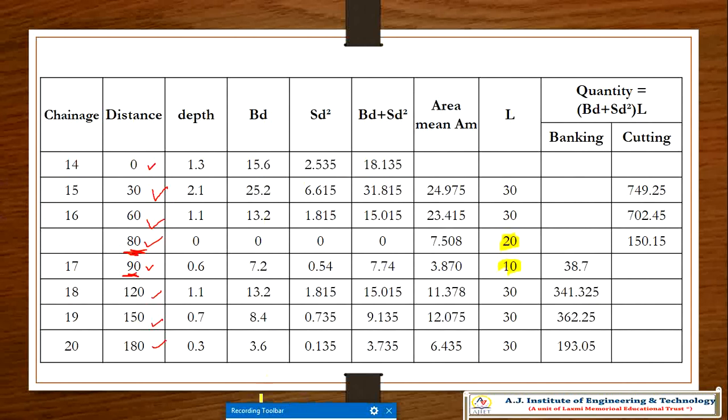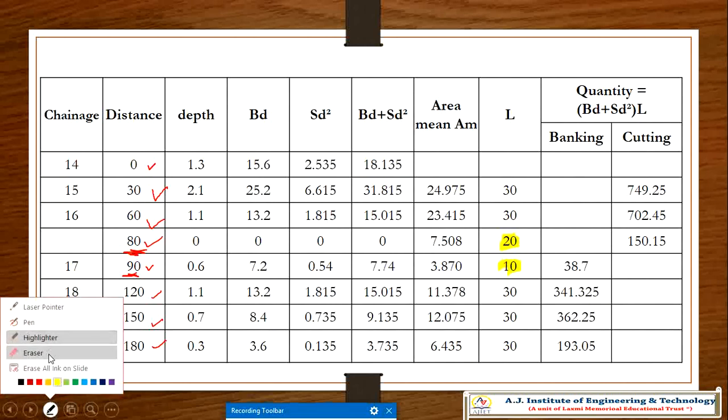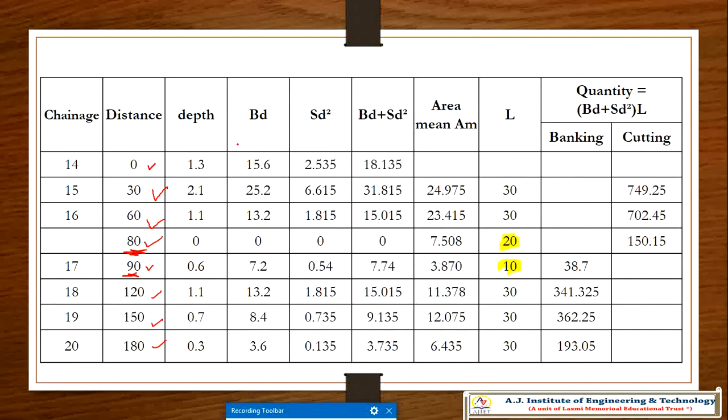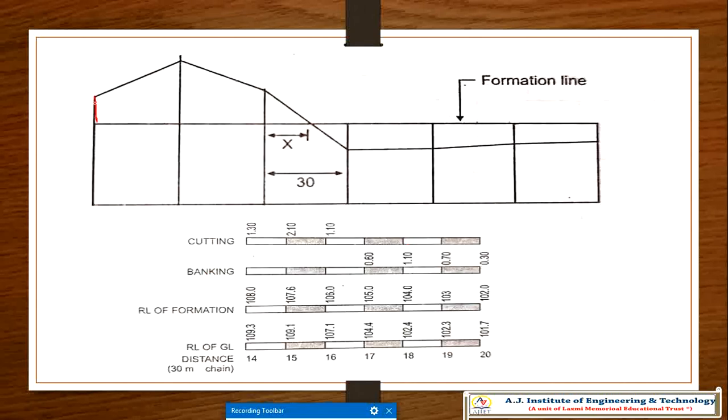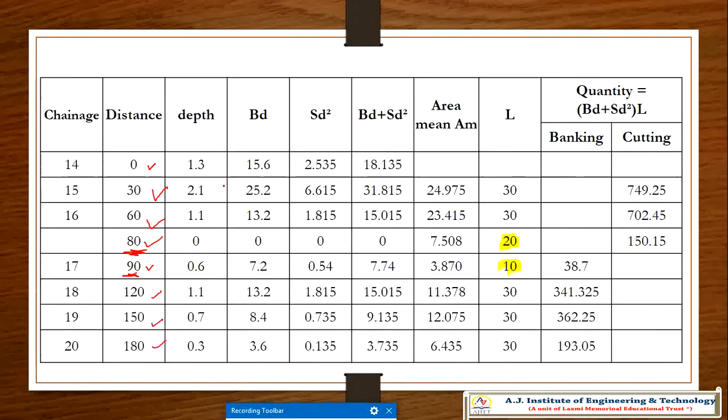In the mean area method, we are directly taking the depth, including 0 depth. In the earlier problem we took the mean, but now we are not taking the mean. We have to write the depth for all the distances.